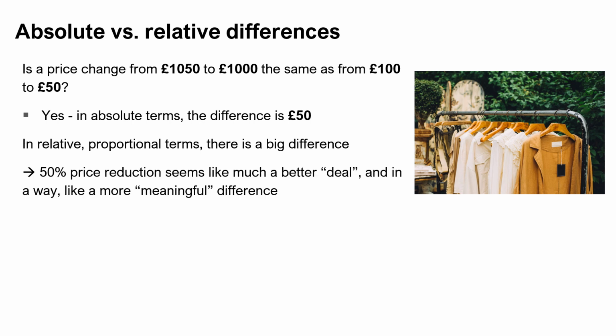So a reduction from £100 to £50, if you are buying something, would be a 50% price reduction, which would seem like a much better deal and like a much more meaningful difference to a lot of people.